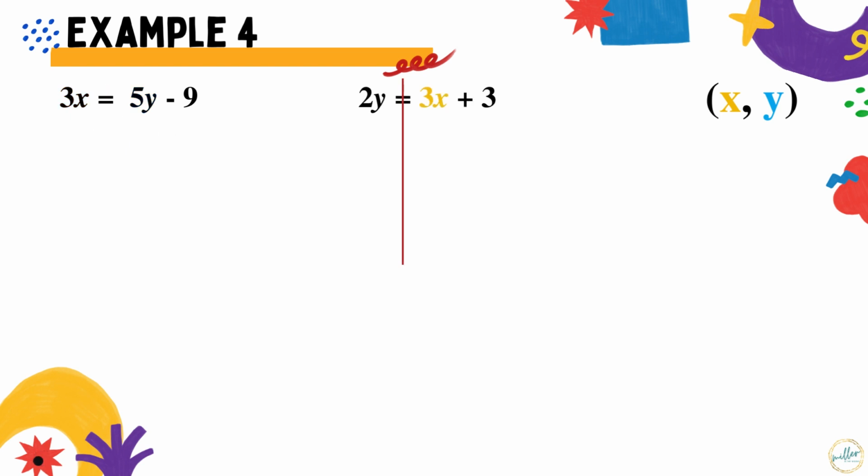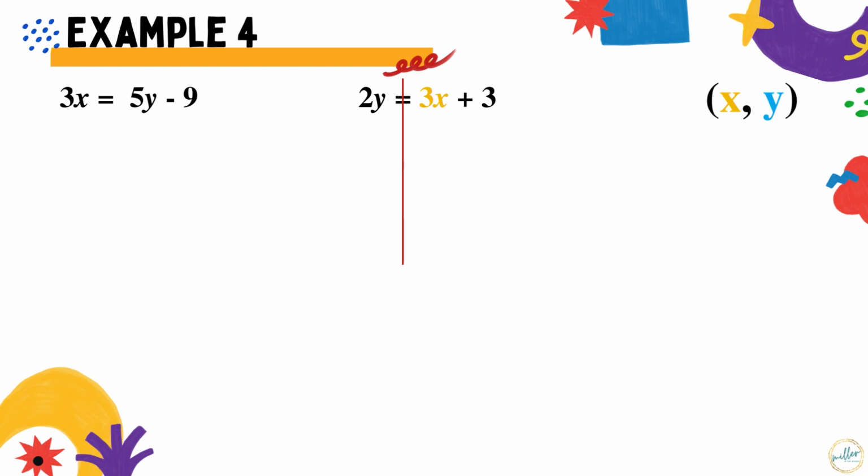So I'm going to take the second equation and move things around and solve for the x term, basically. We want to get the x term on one side of the equal sign by itself, just like the first equation. So 2y equals 3x plus 3. Right now, the 3x is on the right side of the equal sign, but we need to switch it around and get it to the left side.